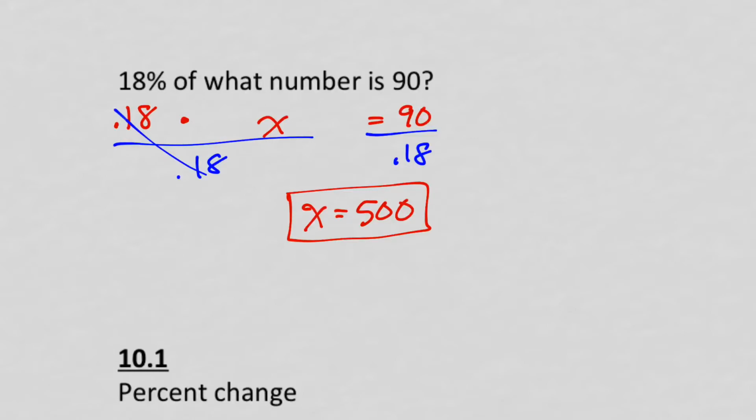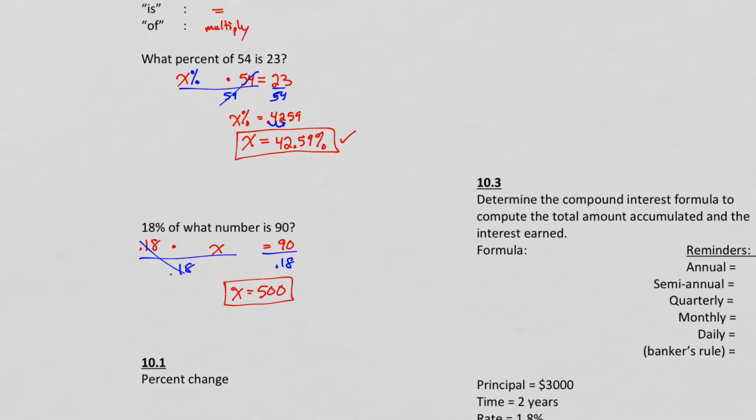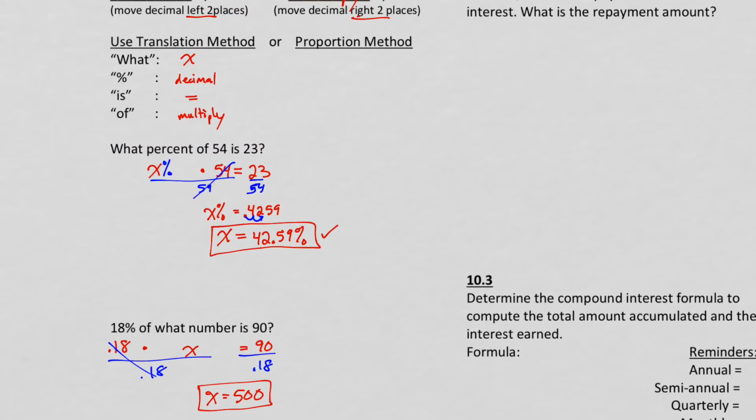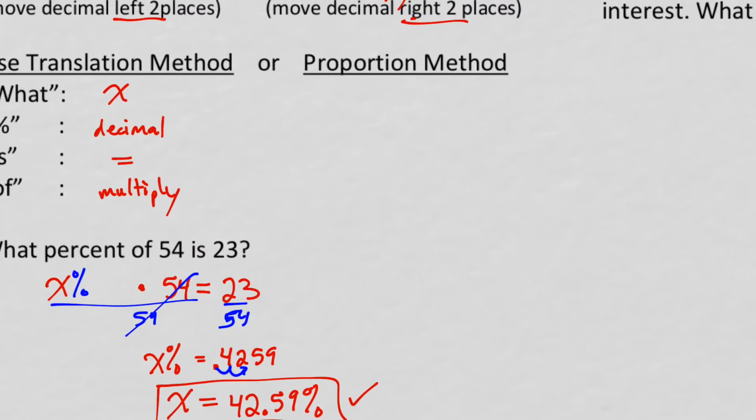So now, what's the other way to do these two? The proportion method is basically something you might have seen in high school. Is over of equals percent over 100. Okay, where you have the part over the whole in both ratios.